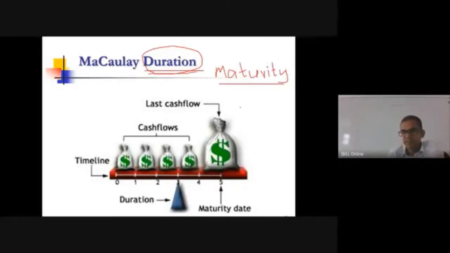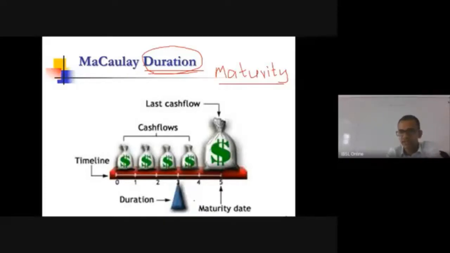Maturity, for example, for this bond, may be 5 years. That's why there are 1, 2, 3, 4, 5. Maturity is 5 years. That is the full lifetime of this bond. But the duration is almost 3 years. That is the balancing point of the cash flows.